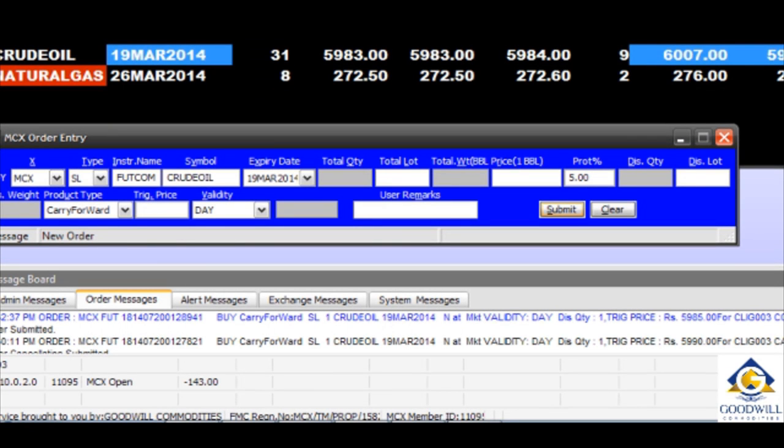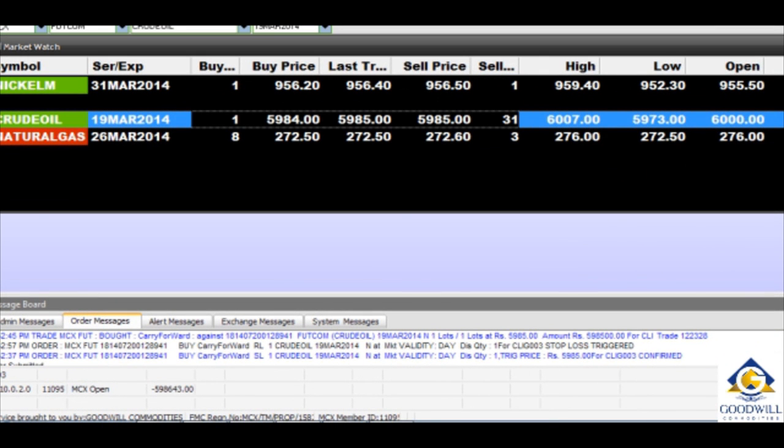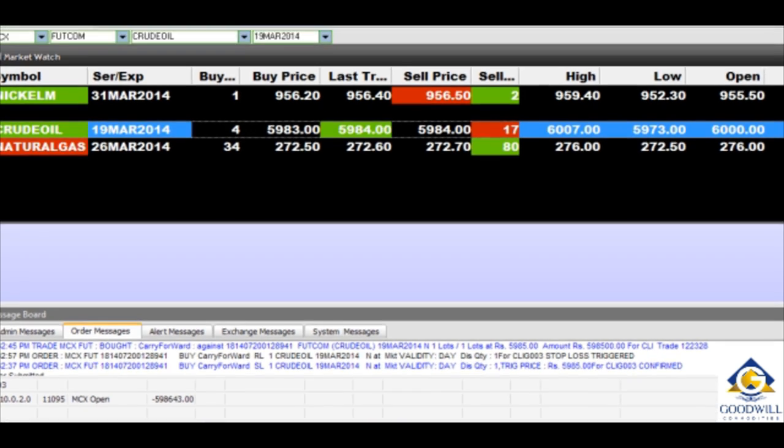You can notice my order got placed at the bottom here, 5985. Immediately, we can notice the order got executed because the price got triggered at 5985. You can notice here the order was bought at 5985. This is also one advantage of using this stop market order.